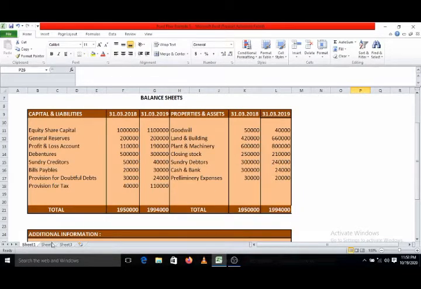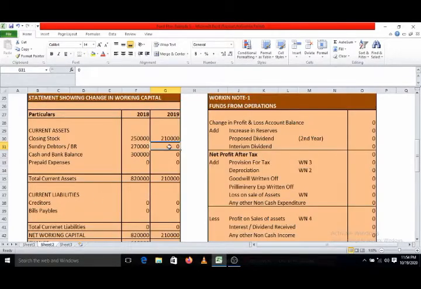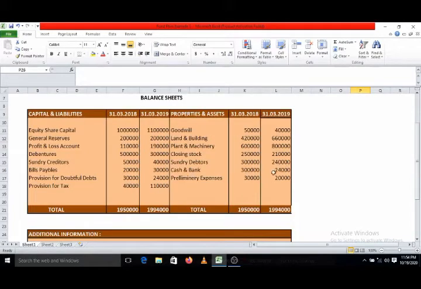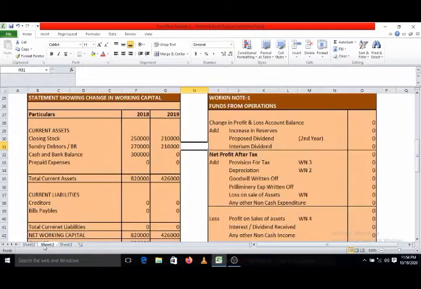So 2,40,000 minus 24,000 comes to 2,16,000. Then the cash and bank balance of the second year is rupees 24,000.